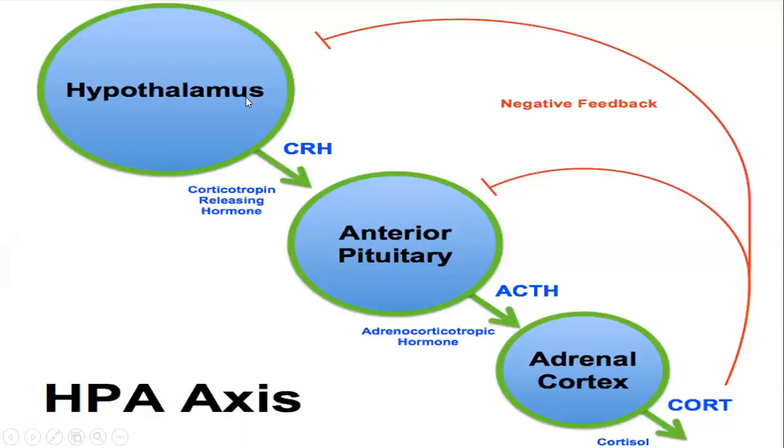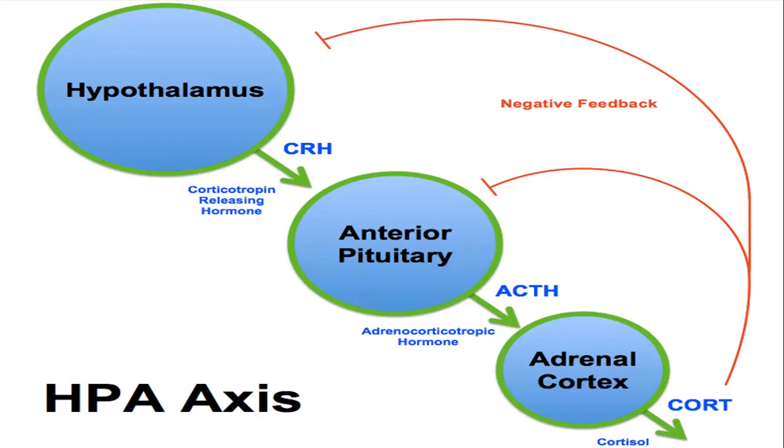So normally, okay, your hypothalamus is responsible for producing corticotropin releasing hormone, which acts upon the anterior pituitary gland, stimulating it to produce ACTH, or adrenocorticotropic hormone. Your adrenocorticotropic hormone acts on the receptors found in the adrenal cortex, leading to cortisol production. When you have enough cortisol production, it sends a negative feedback mechanism telling the hypothalamus and the anterior pituitary gland to stop producing.